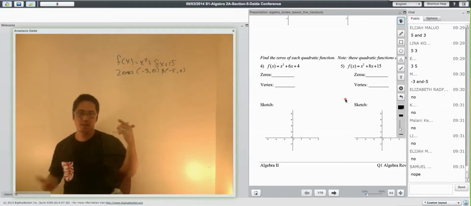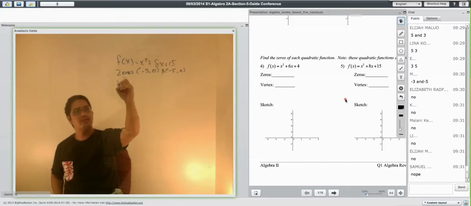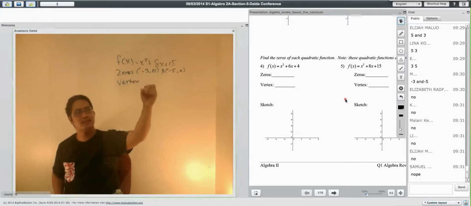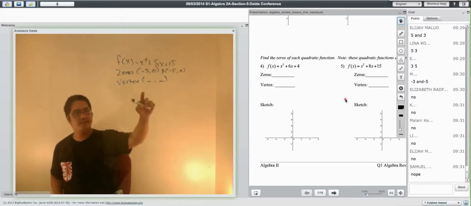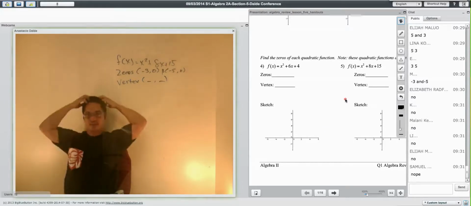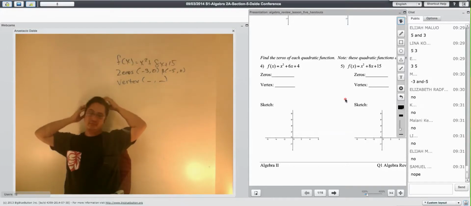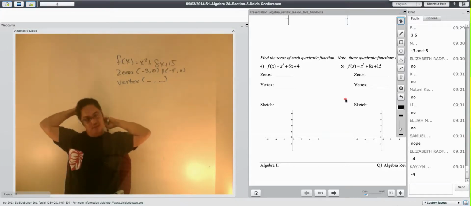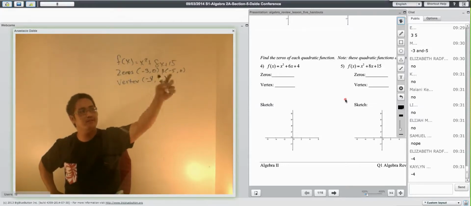Now, what I want to do is figure out what my vertex is. Can you guys tell me what the first number is? What is the first number going to be? -4, exactly, because -4 is exactly between -3 and -5.